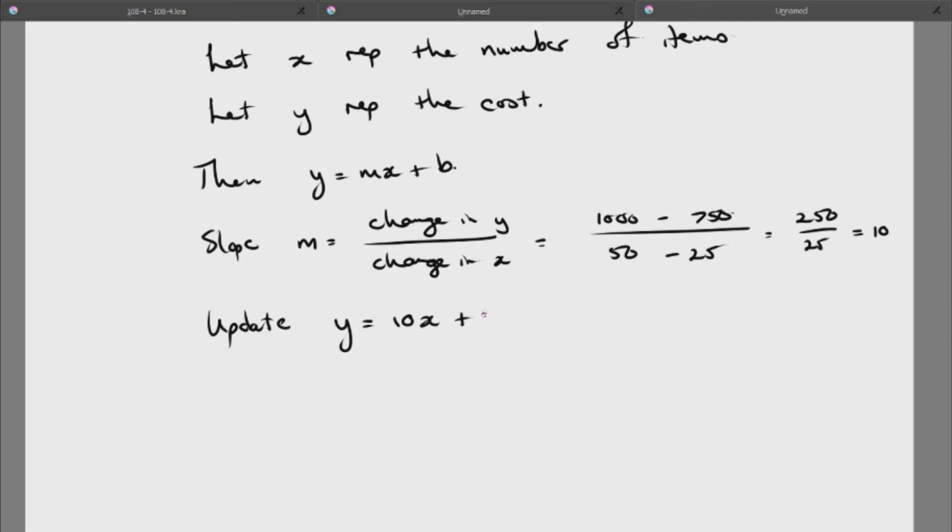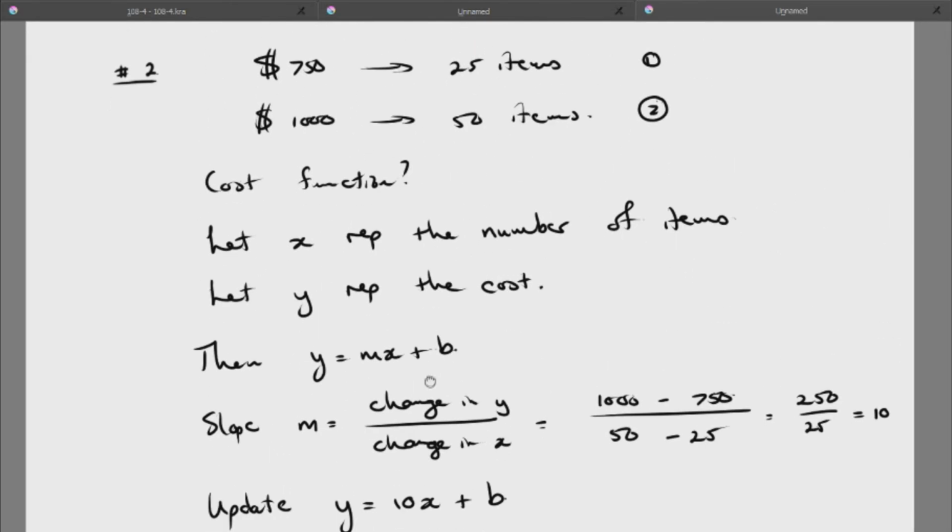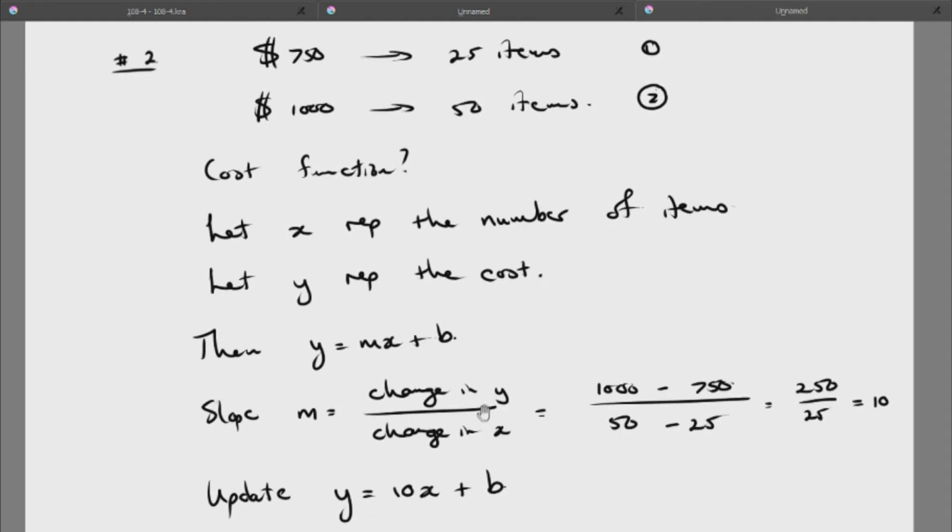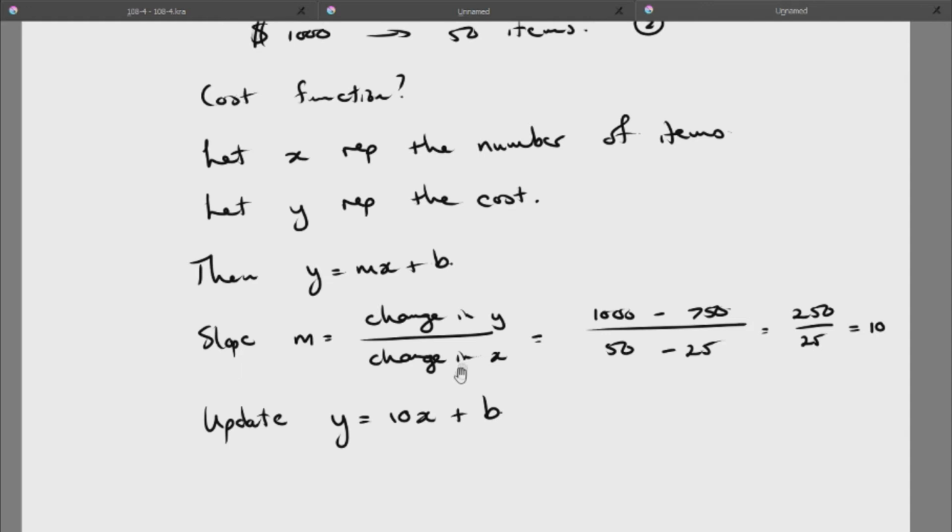10x plus, I still need to find the b. So it's very similar to the question where we had 2 points. I now just use a piece of information, the first or the second one, maybe the second one, it's a little nicer, to find b.